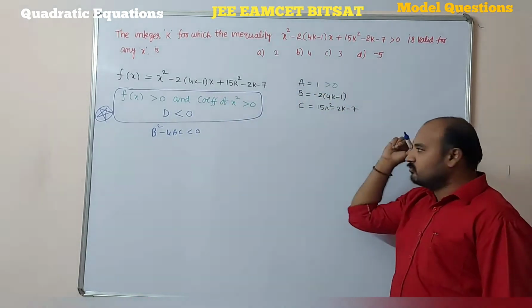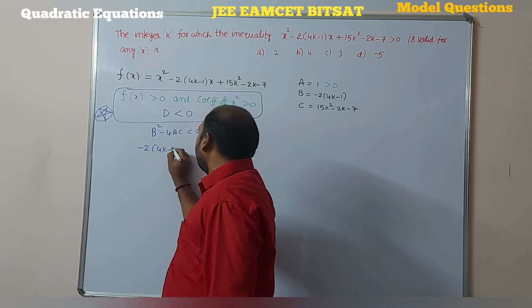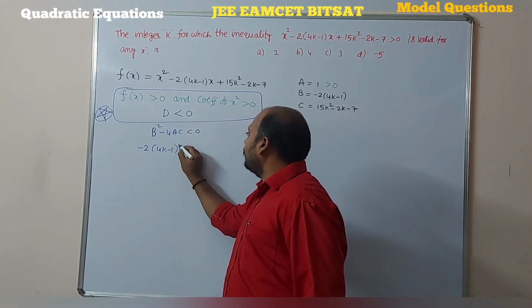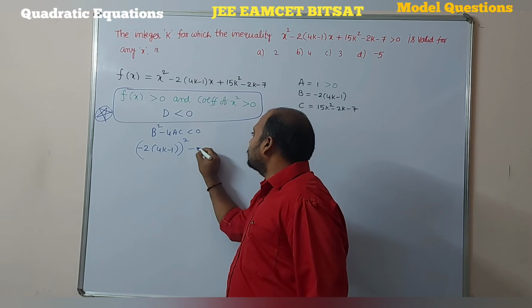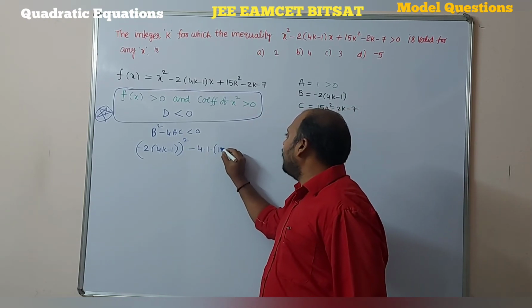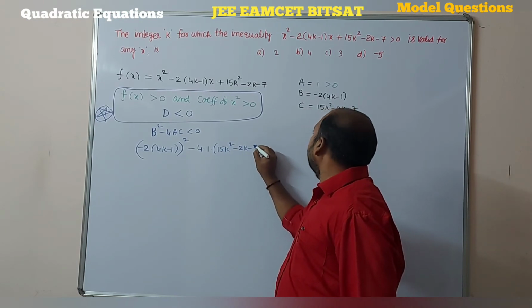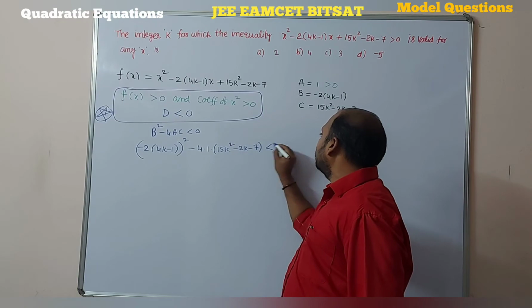ABC values we have, get it. Minus 2 into (4k minus 1) whole square minus 4 into a value 1 into c value 15k square minus 2k minus 7 is less than 0.